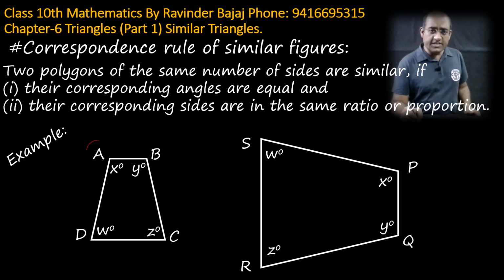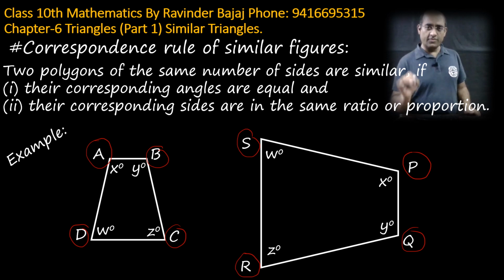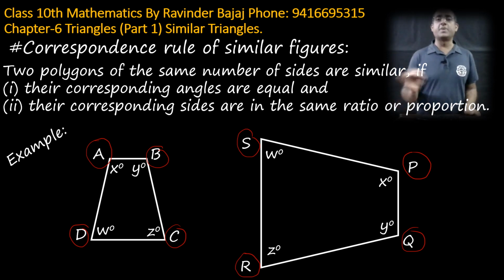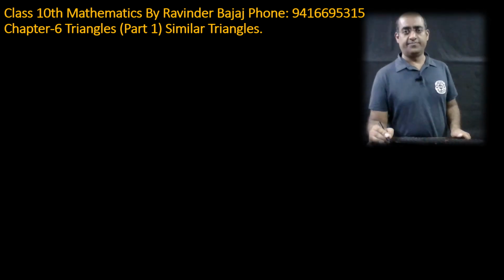Now, A is corresponding not to S, it is corresponding to P. B is corresponding to Q. C is corresponding to R, and D is in correspondence with S. So we will take care of correspondence while comparing two similar figures. These two figures are still similar, but while comparing we will take care of the correspondence.